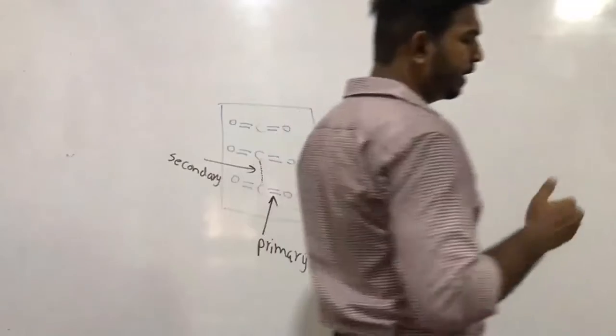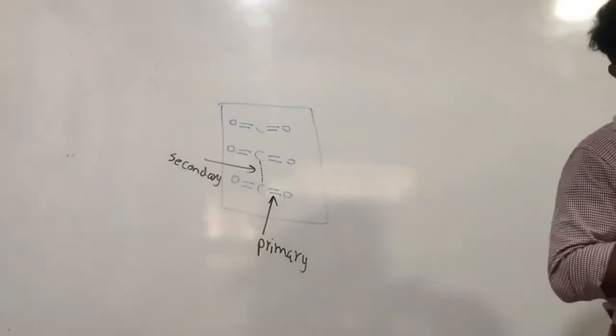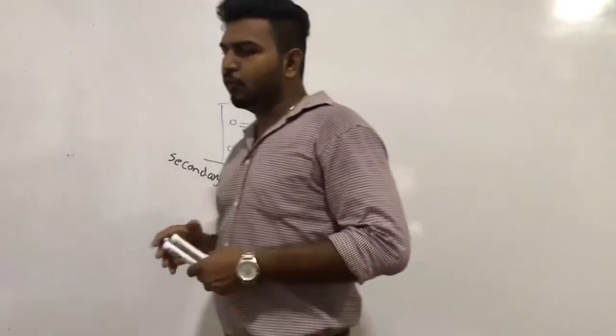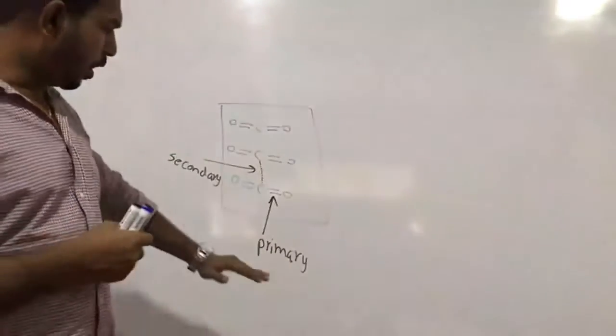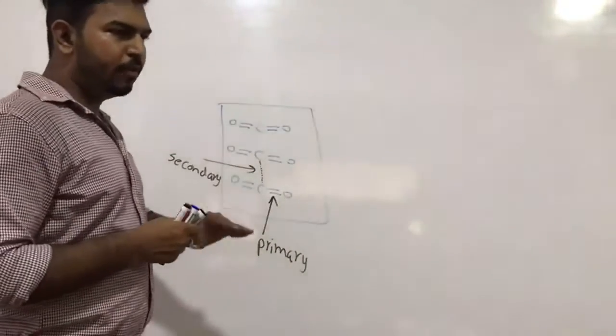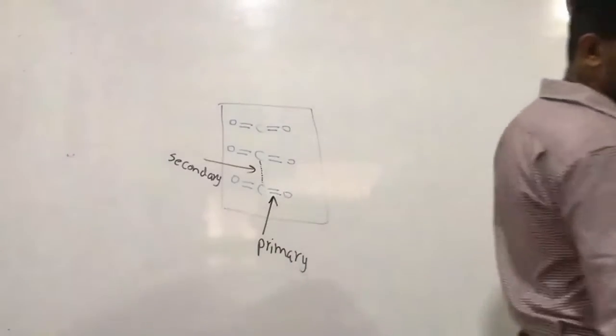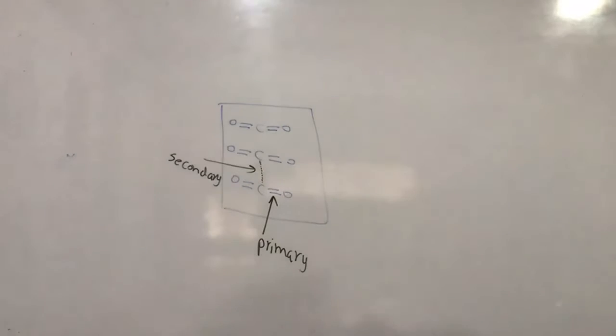If we consider the primary interaction and secondary interaction, first we have primary interactions. We can divide primary interactions into three main parts.